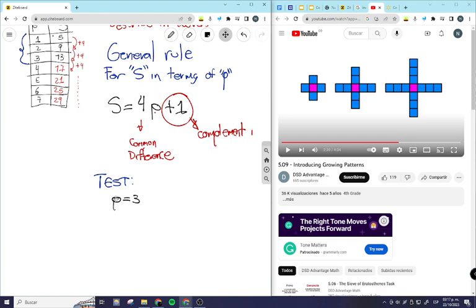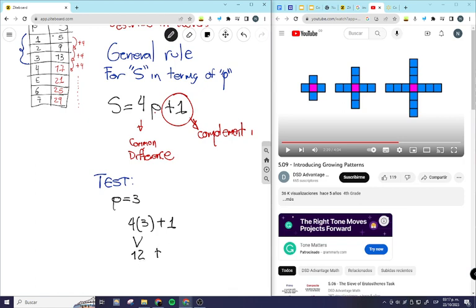Okay, let's do it. So again, you do it by replacing in the general rule p for the position that you want, in this case 3. So 4 multiplied by 3 plus 1. This notation means that we're multiplying 4 by 3. So what is 4 by 3? It's 12.